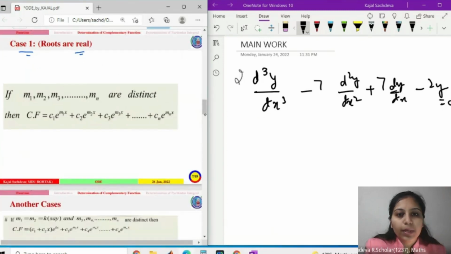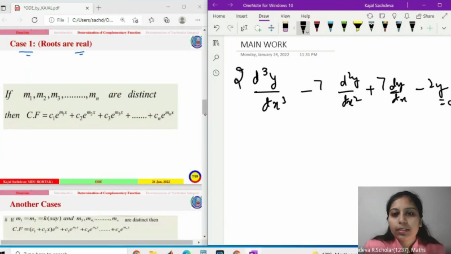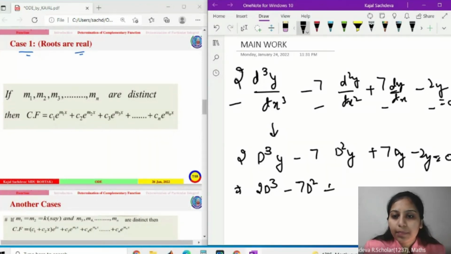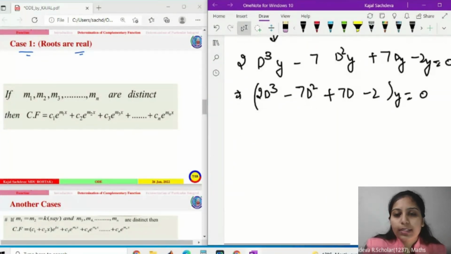We can see that it is a linear differential equation with constant coefficients. First, we write it in symbolic form as 2D cube y minus 7D square y plus 7Dy minus 2y is equal to 0, or (2D cube minus 7D square plus 7D minus 2) y is equal to 0.